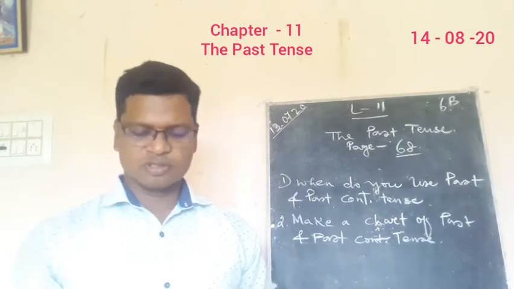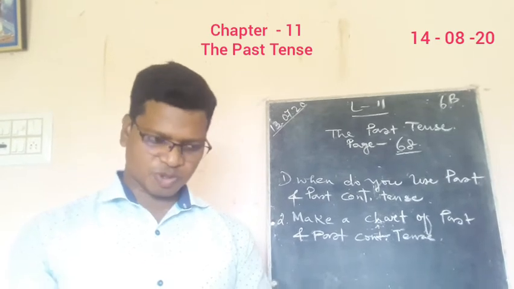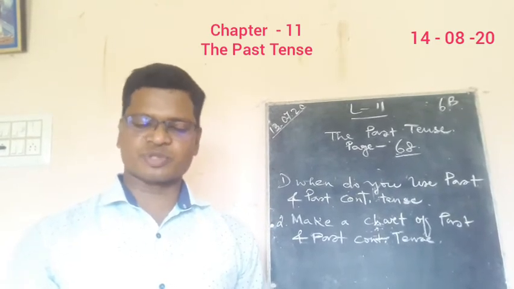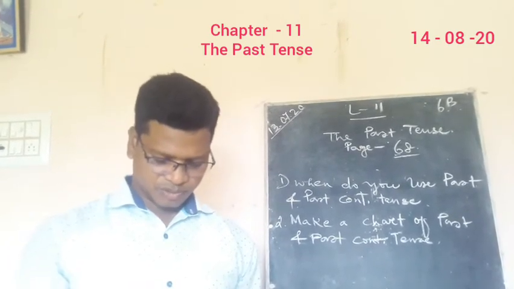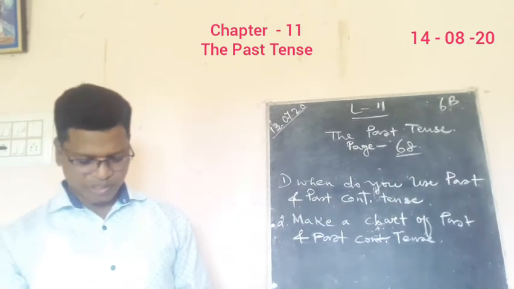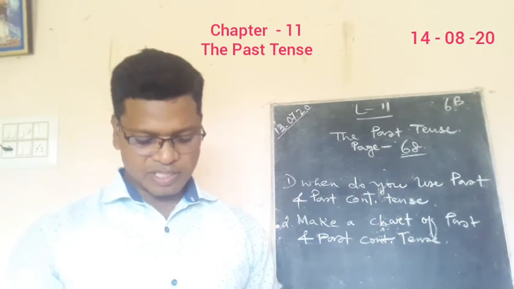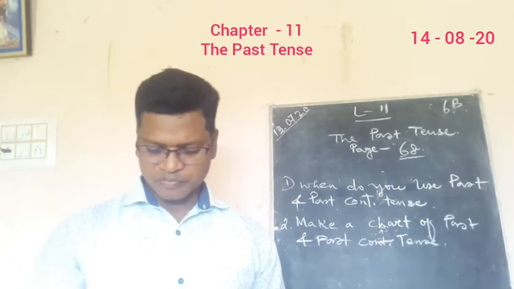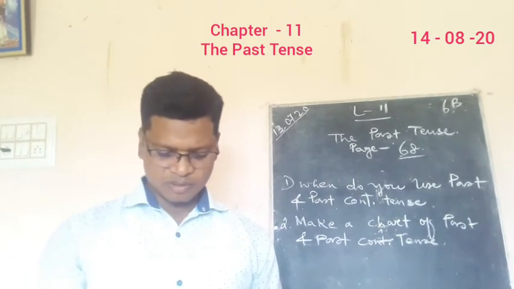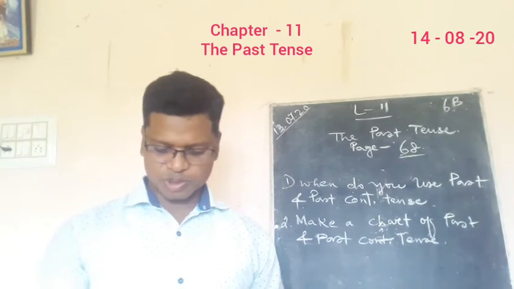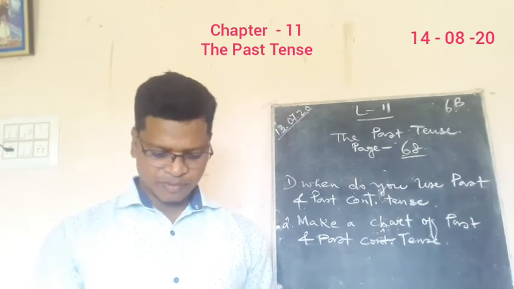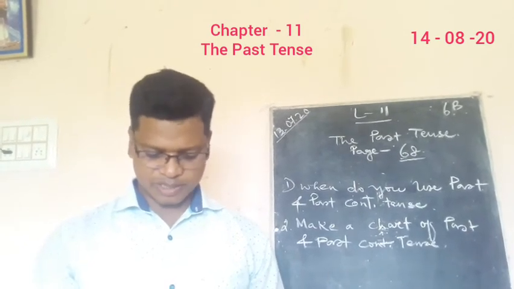For these kinds of things, we use the past tense. It uses the past form of the verb in singular or plural. On the other side we have the past continuous tense as well, but let's see only the past tense.